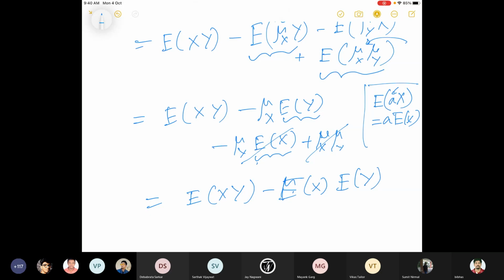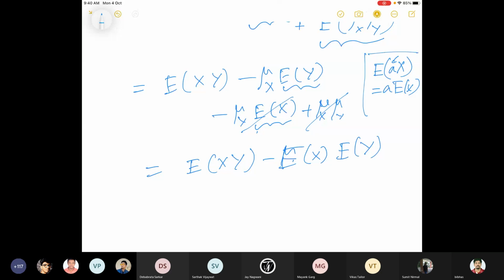This is the formula. Now, as an immediate corollary, if X is equal to Y, then covariance of X with itself will be nothing but E of X square minus E of X whole square.